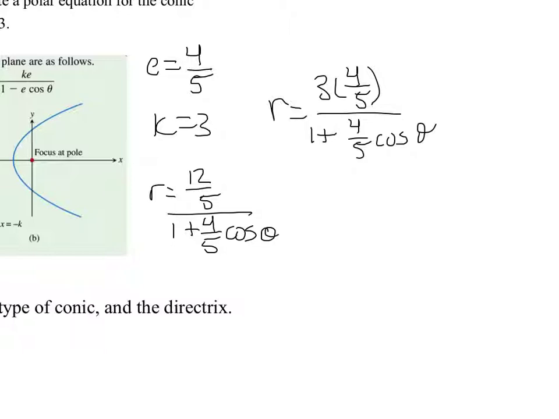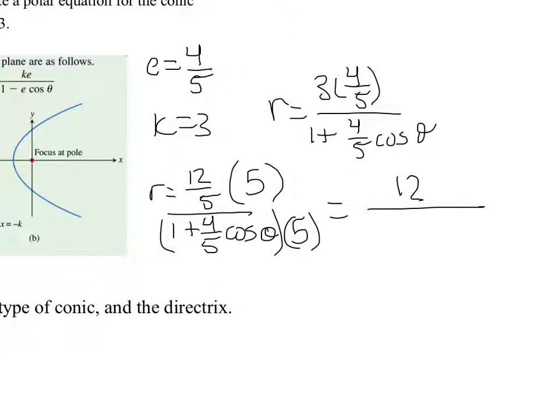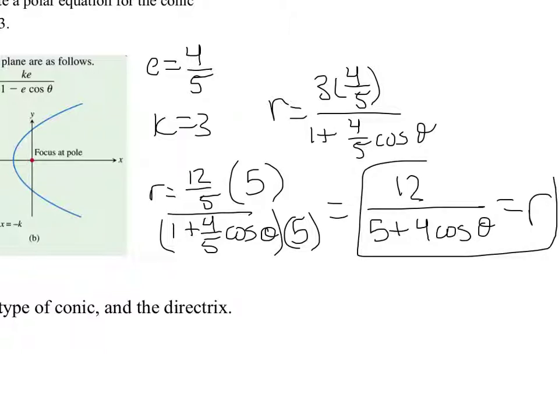But you don't want fractions like this. So multiply the top by 5 and the bottom by 5. So you get r equals 12 over 5 plus 4 cosine theta. So there is our polar equation.